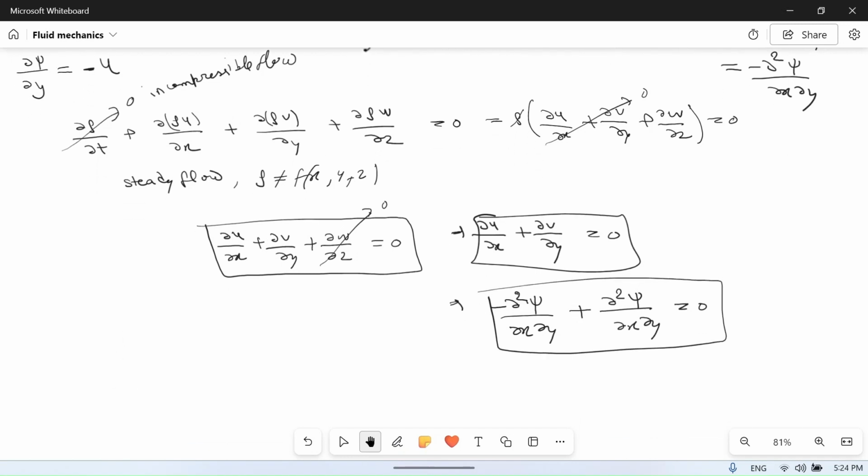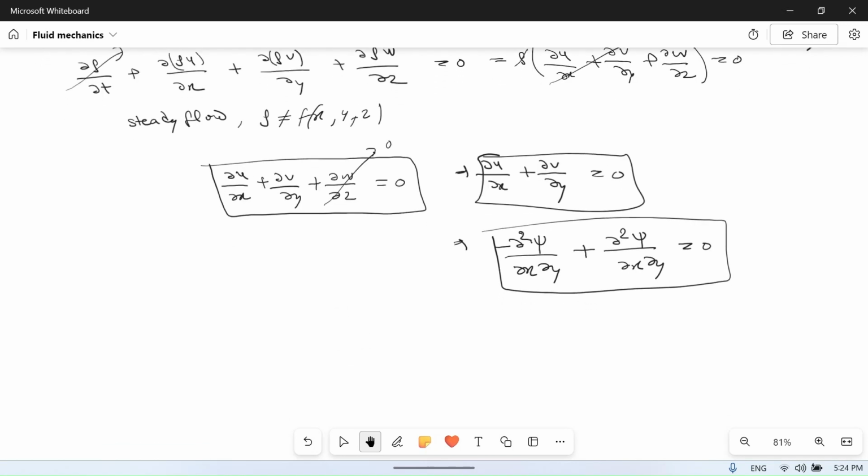Okay, so if a stream function satisfies the continuity equation, that is, if a stream function exists, then it represents a case of possible fluid flow. Now we have to check whether this fluid flow is rotational or irrotational.